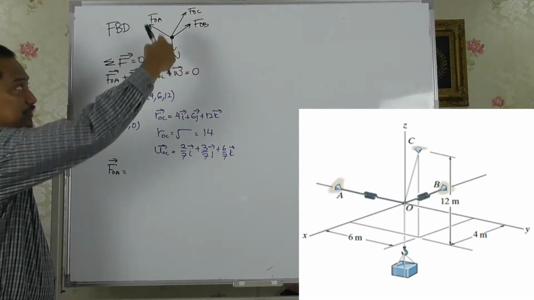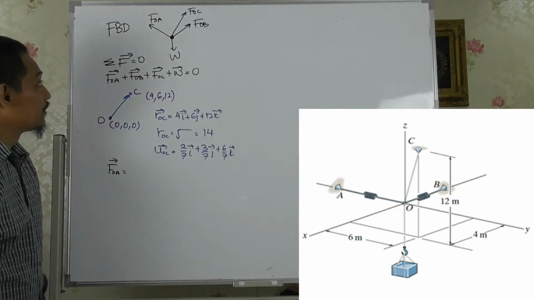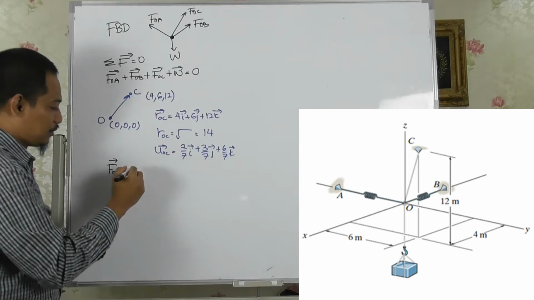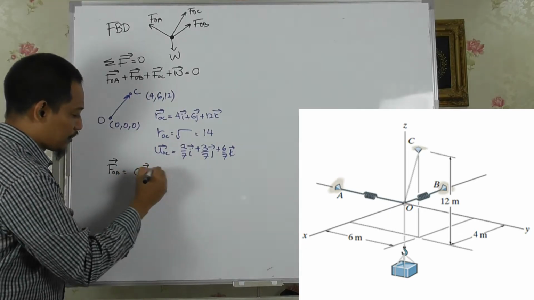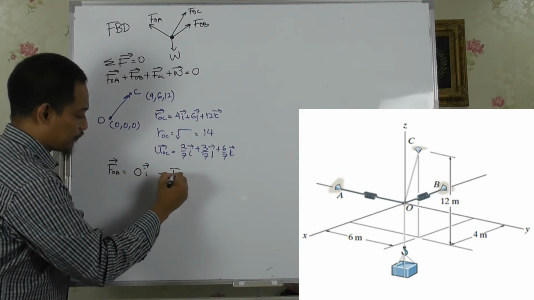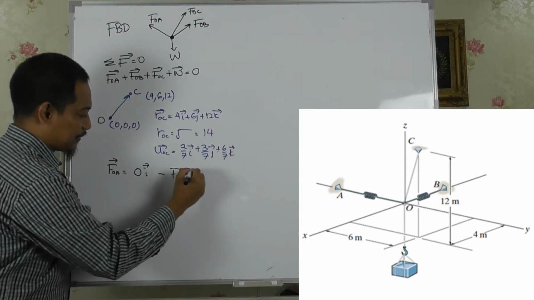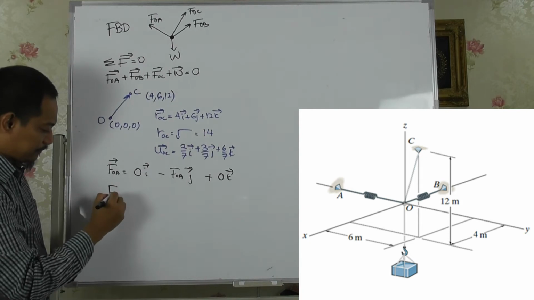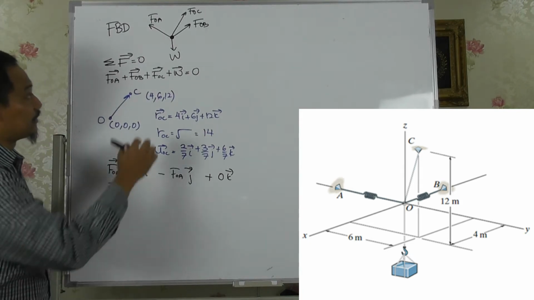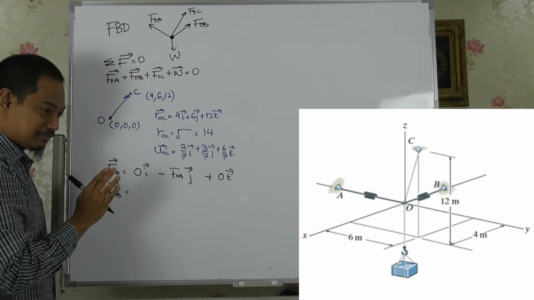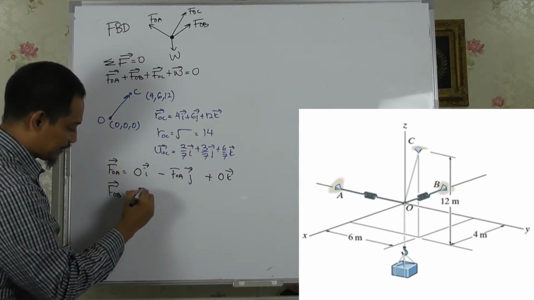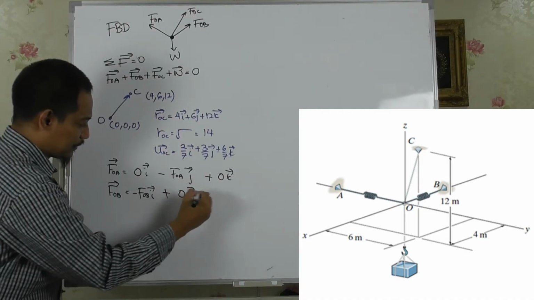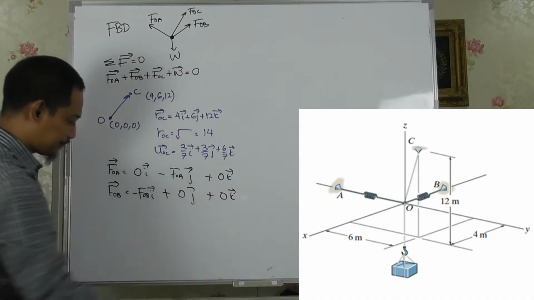So I already assumed the direction there, right? I already assumed OA is in the negative y-axis. So 0i minus FOA j plus 0k. For FOB, I already assumed as well in the negative x. So minus FOB i plus 0j plus 0k.